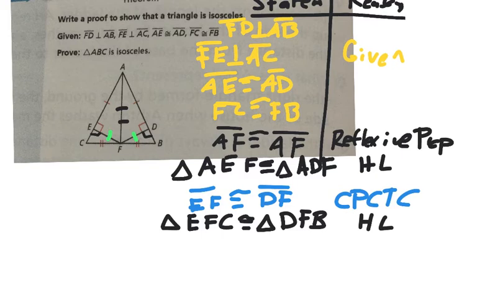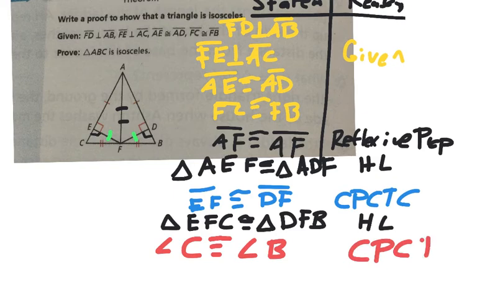And so there's different ways you can do this. What I'm going to do, I'm going to say now I know angle C is congruent to angle B because of CPCTC. Right? So angle C here must be congruent to angle B.